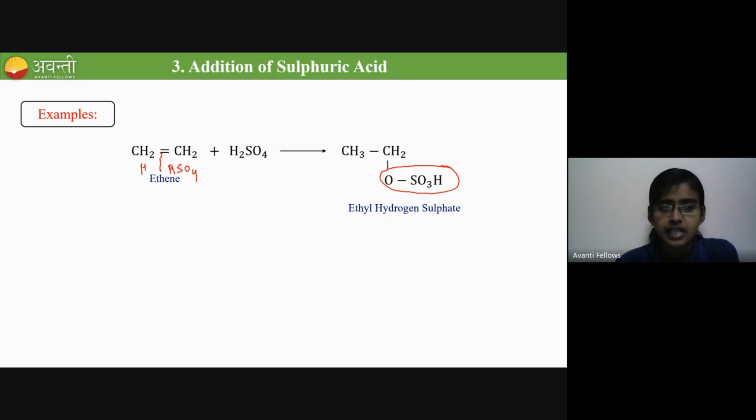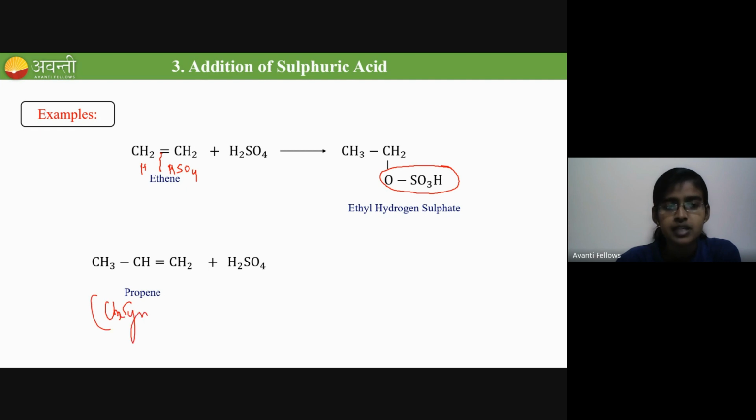Now in the second example, I will take one unsymmetrical alkene, that is propene. And to this unsymmetrical alkene, if I want to add H2SO4, what I have to do? I have to follow Markovnikov rule, because this propene is unsymmetrical. So there is H+ and HSO4- here.